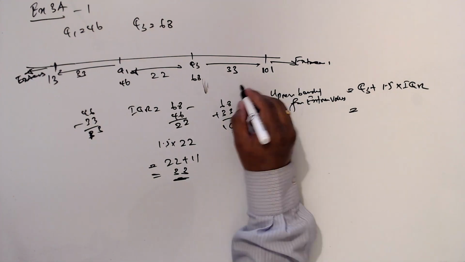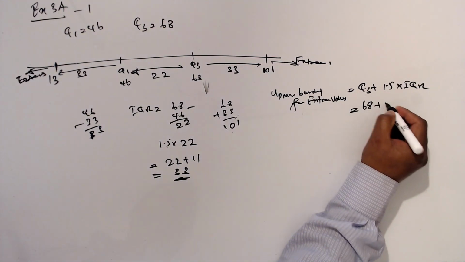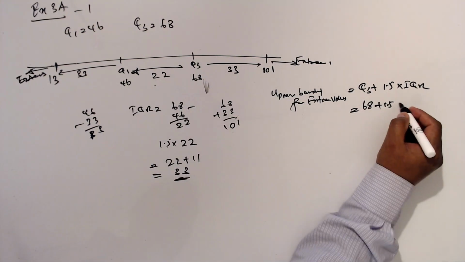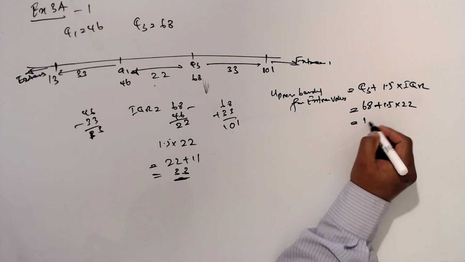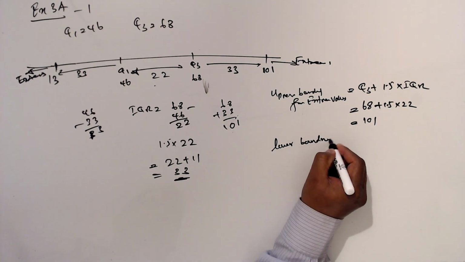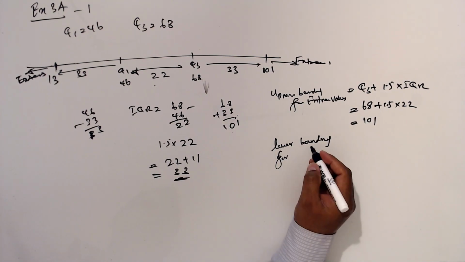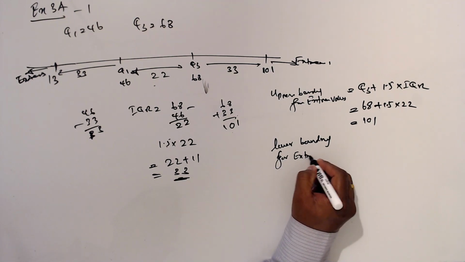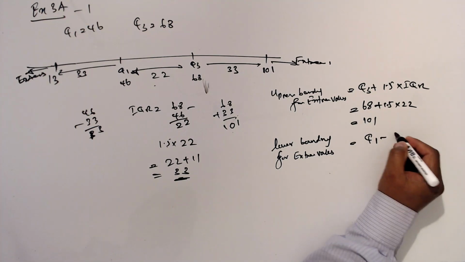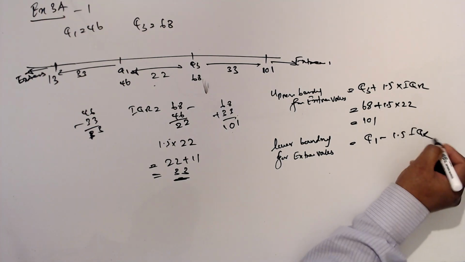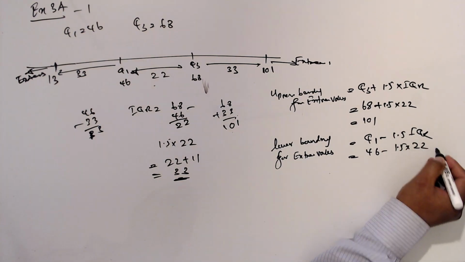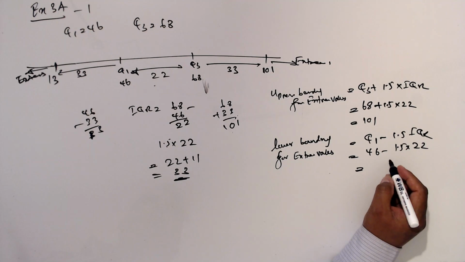So Q3 is 68 plus 1.5 times IQR is 22. So total is going to be 101. Lower boundary for extreme values, that is Q1 minus 1.5 IQR. Q1 is 46 minus 1.5 times 22, that is going to be 13.